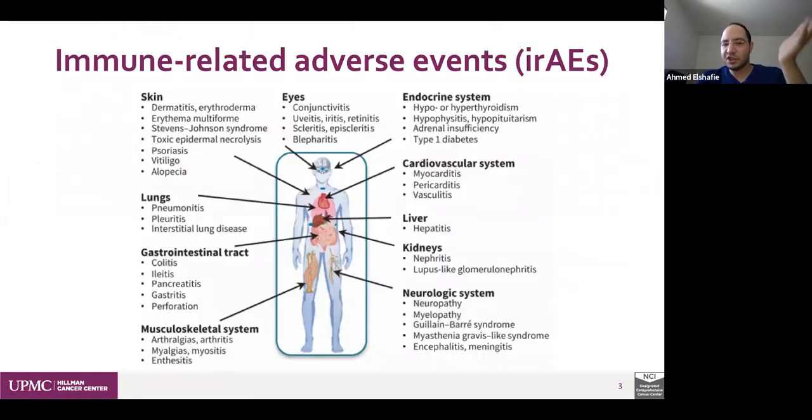Does it have any correlation with the response to the tumor or not? Very good question. Some of them do, for example a specific type of rash, like bullous rash, does have correlation, but not always. And one other thing I would like to tell you: a lot of times you give someone immunotherapy one dose, and then the patient develops a side effect, but you can no longer treat.